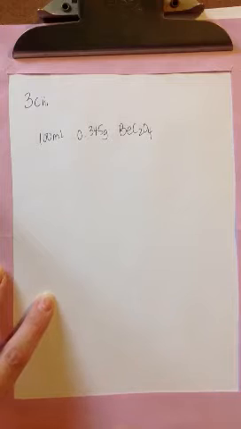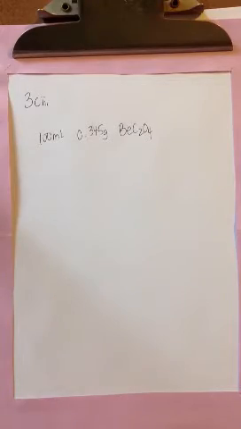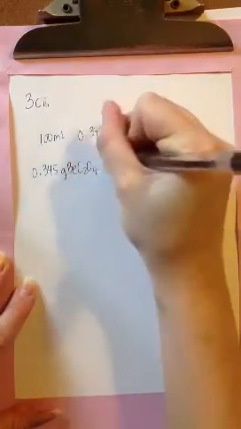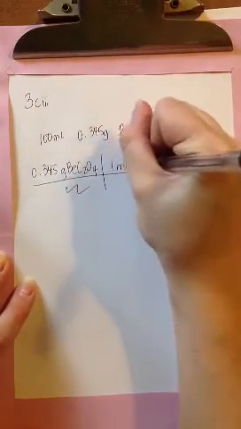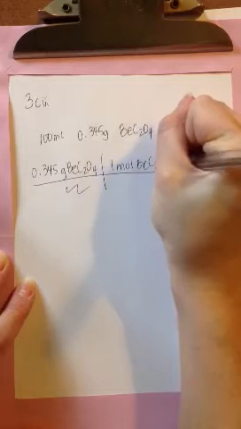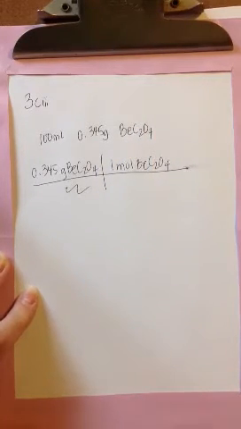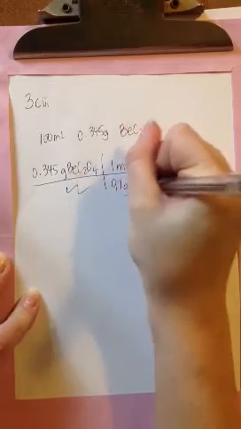So, looking at this, I have grams and I need to figure out moles. Well, I know I have 1 mole of BeC2O4, and that molar mass I found before was 97 grams.